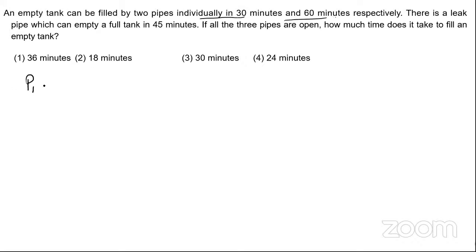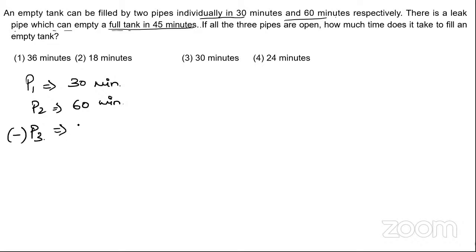So let's say pipe 1 fills in 30 minutes, and pipe 2 fills in 60 minutes. There is a leak pipe which can empty a full tank in 45 minutes. So let's say there is a pipe 3, but it's a leak, so I will put a minus sign, because there is a leak happening. And this one is 45 minutes.